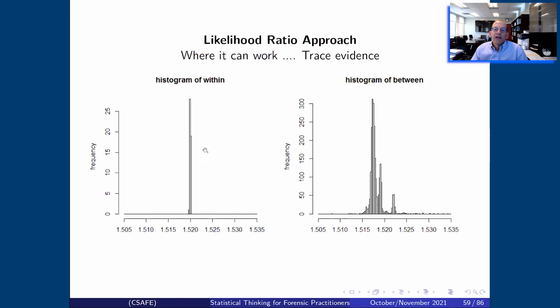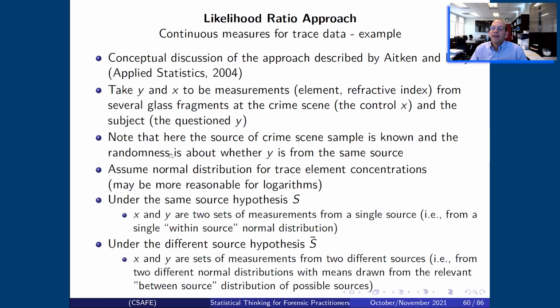And M. Eggert asked, how do the numerator and denominator relate to within and between? And you were ahead of me. That's exactly what I'm going to say. The likelihood ratio says, let's suppose we have X and Y, measurements of refractive index from the crime scene sample X and the unknown sample Y, the subject sample Y. And suppose we think about those continuous measurements and want to assess the similarity.